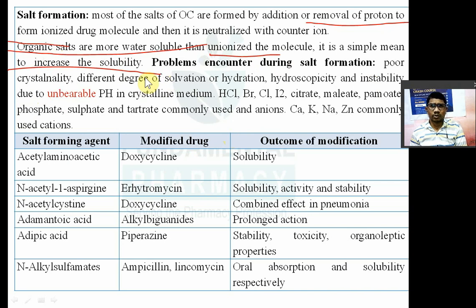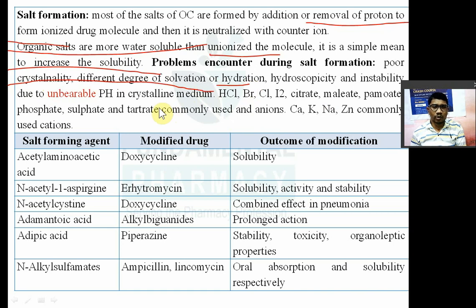Problems encountered during salt formation. What problems arise when a salt form is made? During salt formation, there are problems like poor crystallinity, so the crystal formed will be poor. Different degrees of solvation or hydration, depending on the nature of the solvent, can form a hydrate, monohydrate, or dihydrate.